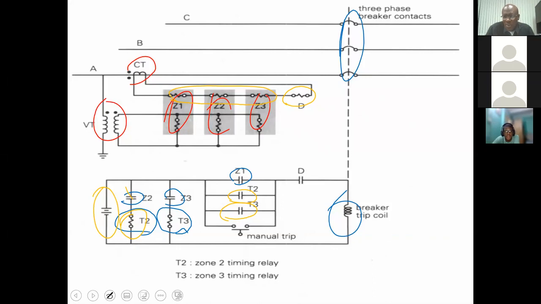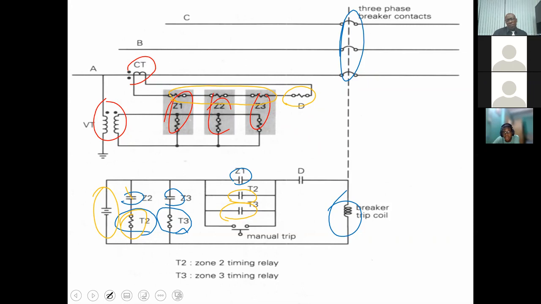Oh, I understand now, sir. So it closes the contact, which then turns on the timer, and the timer counts down the 200 milliseconds, 300 milliseconds. I understand, sir. One more quick question, sir. Yes, go ahead.